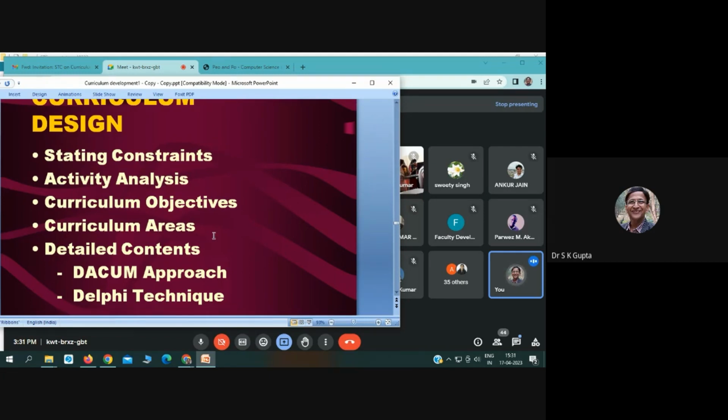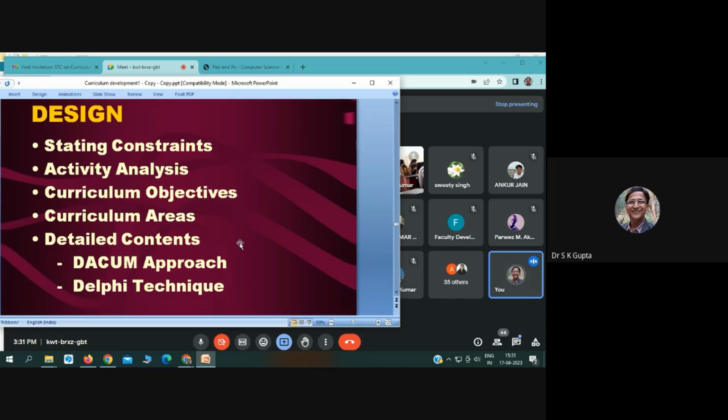Once we have decided the course outcomes, then we write the detailed contents. Detailed contents means what knowledge, what theory, and what practical skills, practical exercises should be given to the students so that they are able to meet the course outcome of a particular subject.